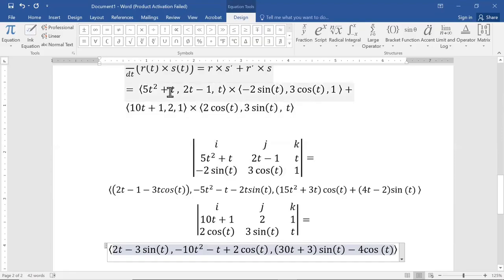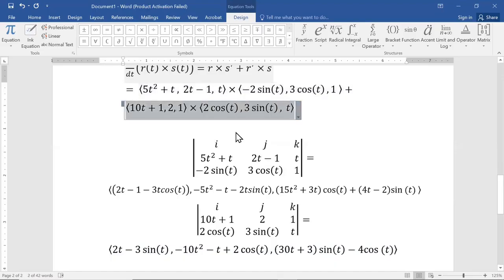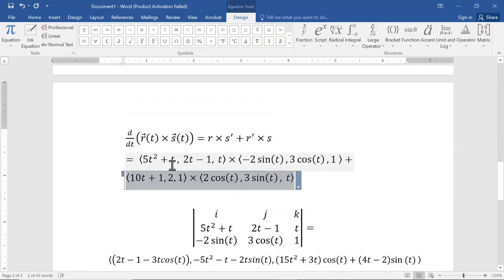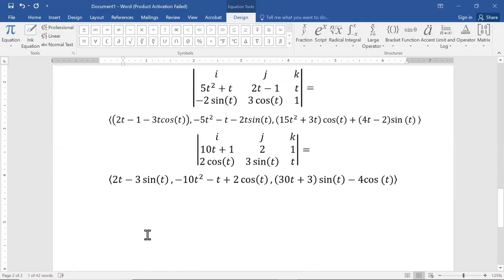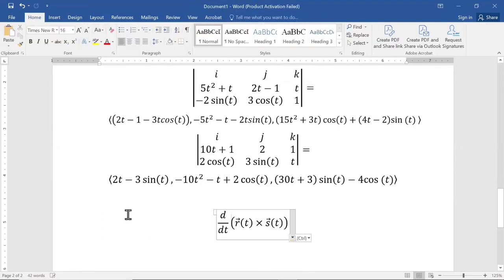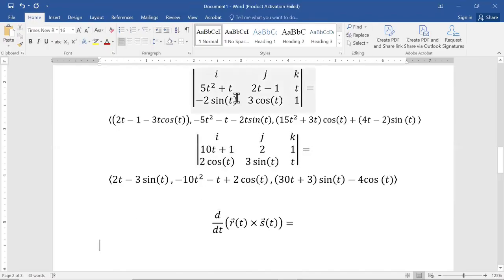Now remember, I've done this cross product and I've done this cross product. The goal was to find the derivative of the cross product of R and S. If I want to find that, then what I have to do is add those two things up.